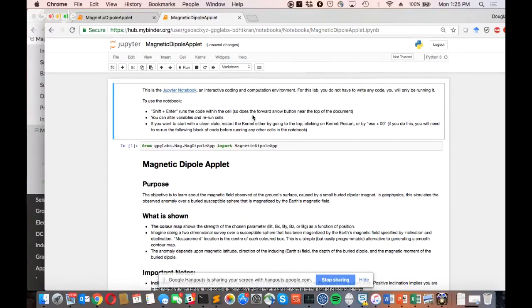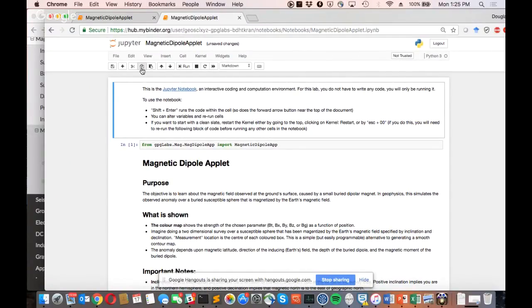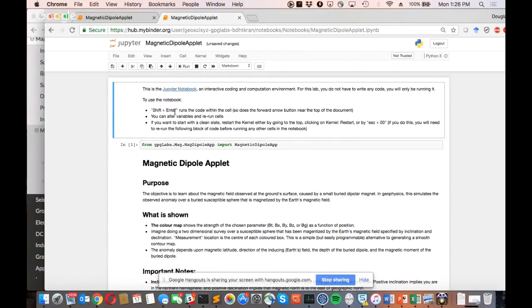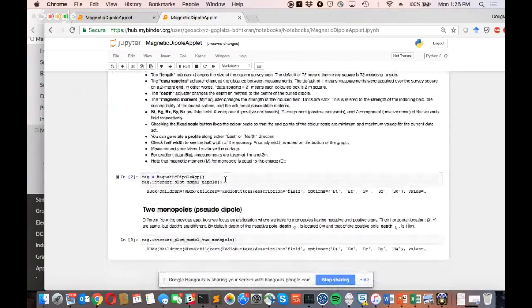The thing about this app is that as soon as it comes up, you'll see there's a whole bunch of cells. There's a cell, there's another cell here.